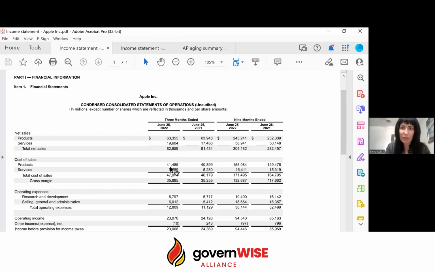We'll talk about that in a few moments, as well, cost of products and cost of services. And then for their operating expenses, they just divided into two major categories, which is research and development. I think we all can guess that they spend a lot of money on developing new products and services. And then selling, general, and administrative.